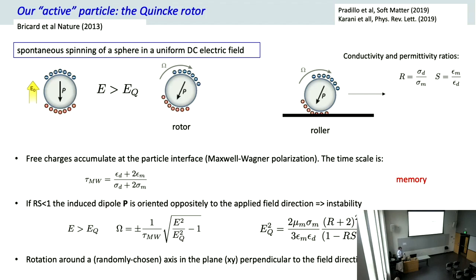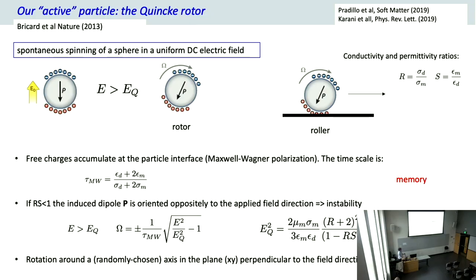So the direction of rolling is degenerate in the plane perpendicular to the electric field. So therefore, there is kind of randomness in which it is chosen. So there is a possibility of actually random reorientation by turning the field on and off.